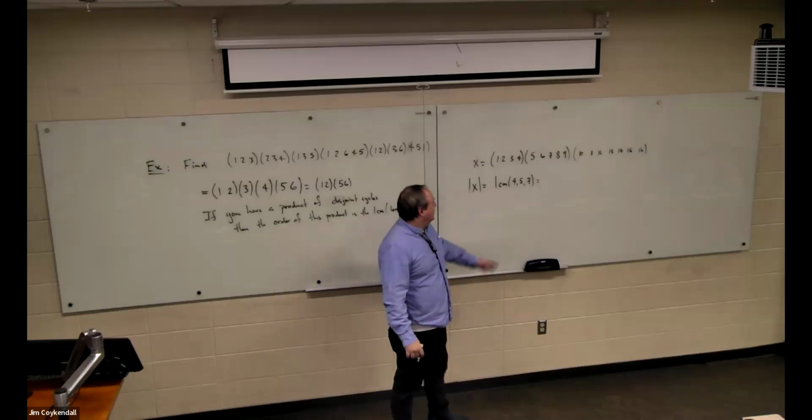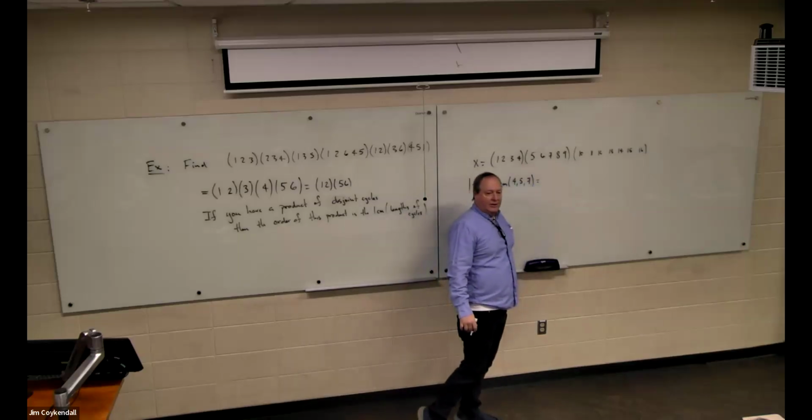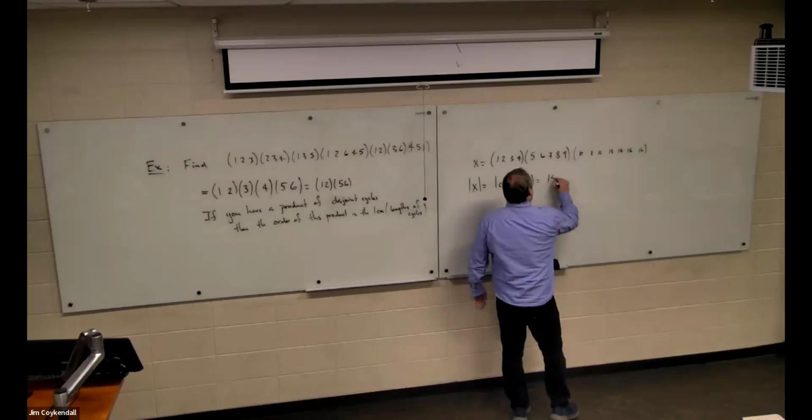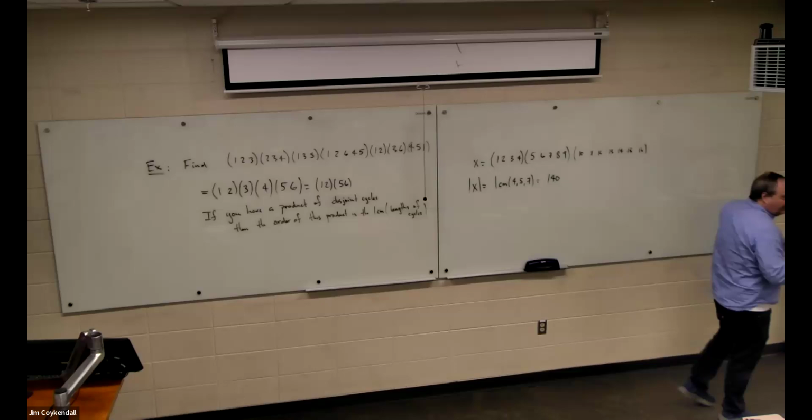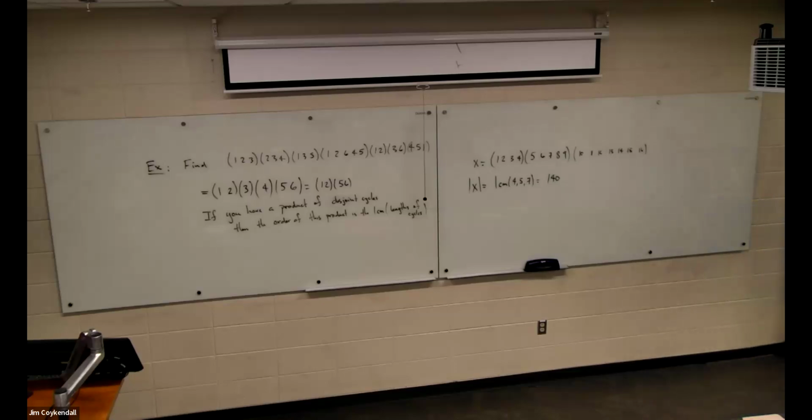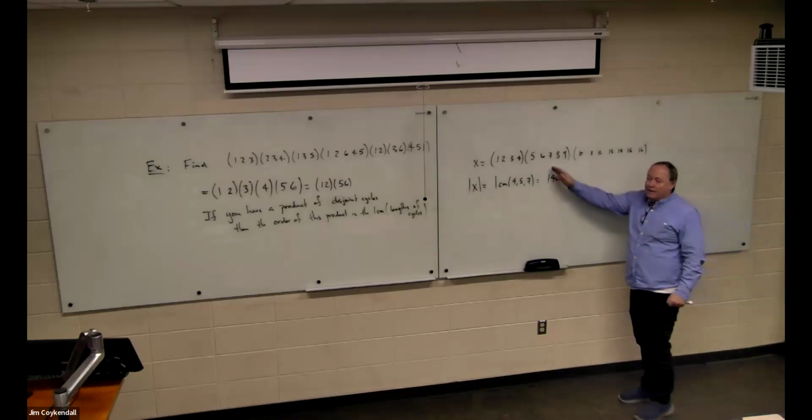It should be the least common multiple of 4, 5, 7, which is 140. So this is an element of, for example, S16, and it takes 140 times to repeat.